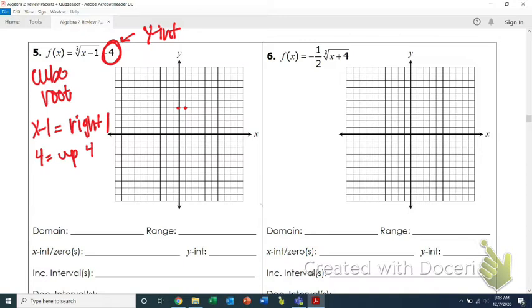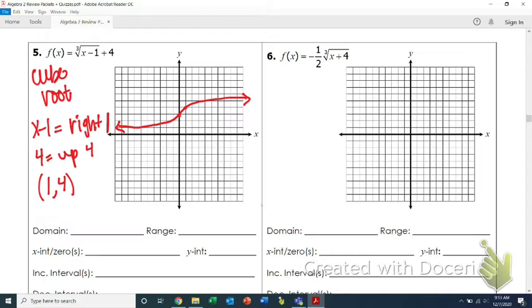So our graph might look a little something like this, okay? We use the point 1, 4 from our transformation to plot. All right.